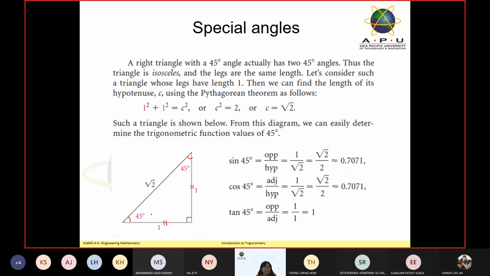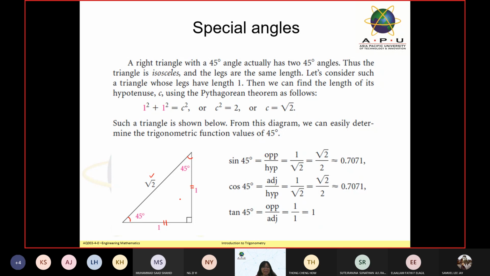Then by knowing the length of the two sides, we are able to use the theorem of Pythagoras to get square root of 2 for the hypotenuse. Okay, so this is the triangle, right? So now, what is the sine, cosine, and tangent for 45 degree?